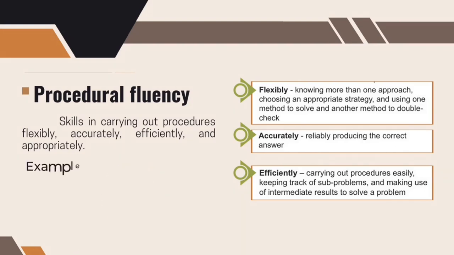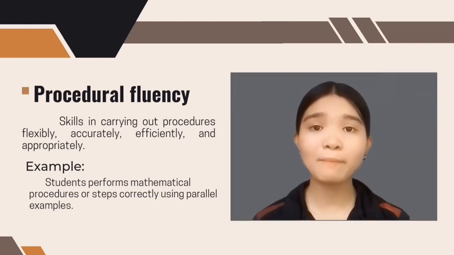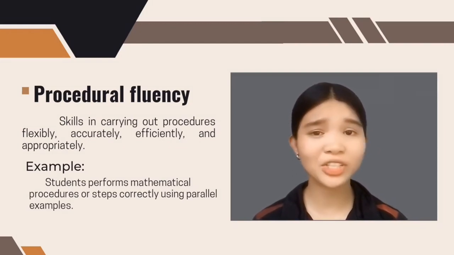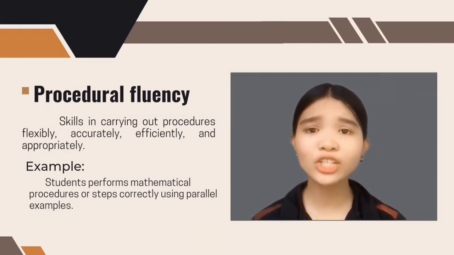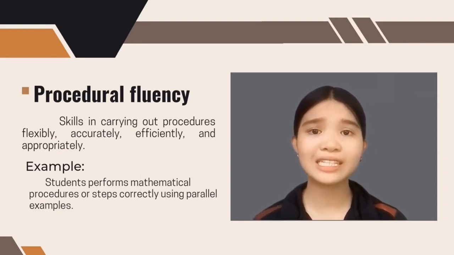An example of procedural fluency is students perform mathematical procedures or steps correctly using parallel examples. We have to remember that when students practice procedures they don't understand, there's a danger they will practice incorrect procedures, resulting in them failing to produce a correct answer to a problem.